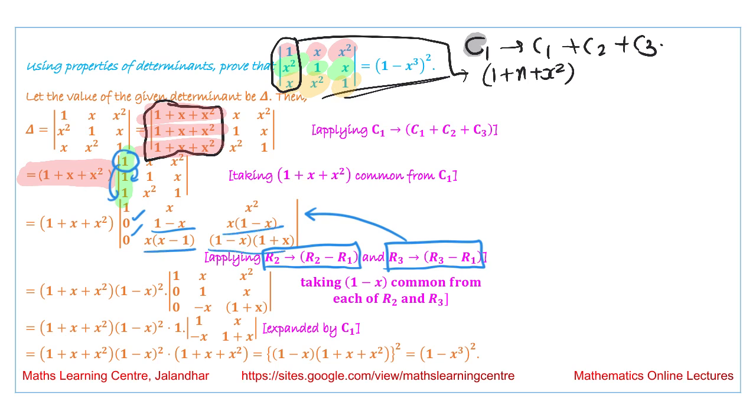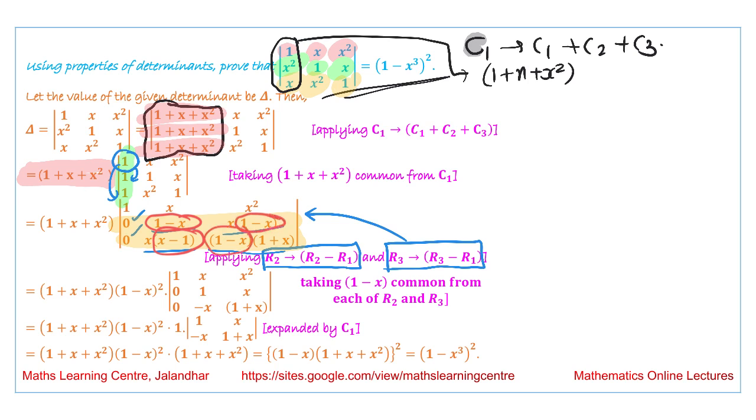Now if we look at these rows carefully, in this second row we have the term 1 minus x over here. In this third row, we have the term 1 minus x. We are talking about these terms: 1 minus x over here, x minus 1, 1 minus x, 1 minus x.